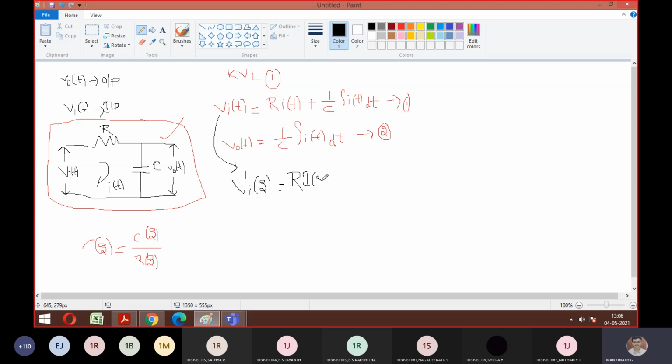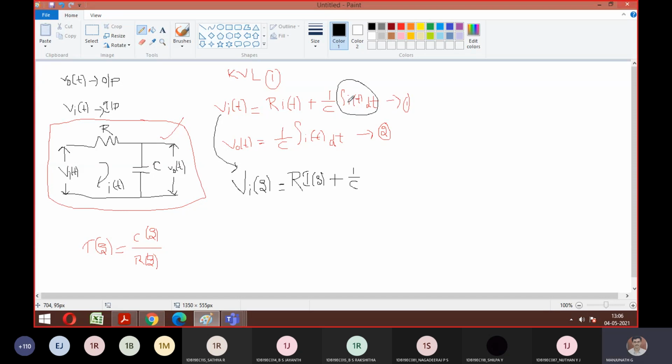I hope you're understanding what we are doing here. It is the same procedure for any problem. Plus 1 by C, I will keep as it is. Now tell me, what is the Laplace for this integration part?